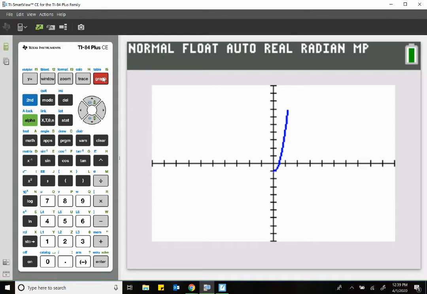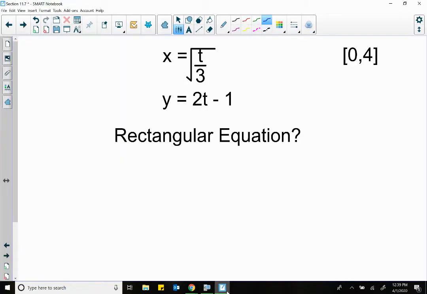Now, to find the rectangular information, do the same thing that we just did on the last one. Let's get this t by itself. Once we know what t equals, we can plug it into the y, and we're done. So, x equals square root of t all over 3.